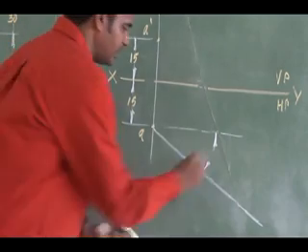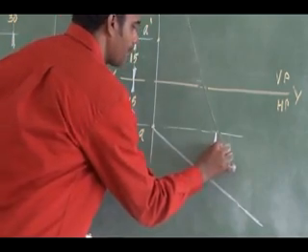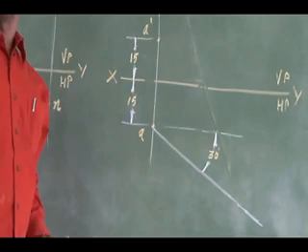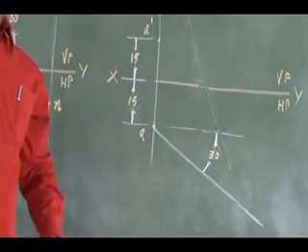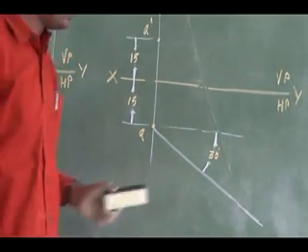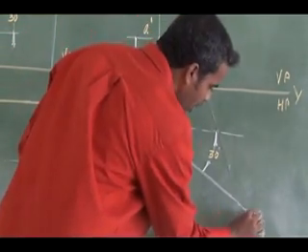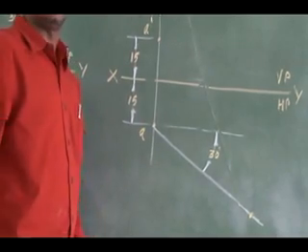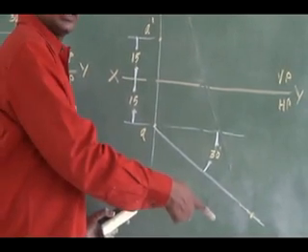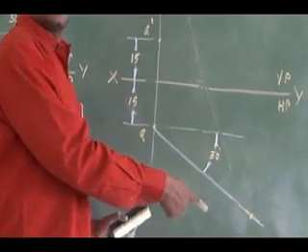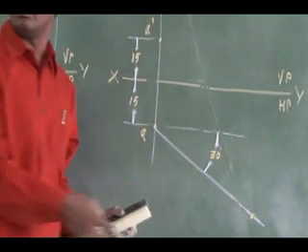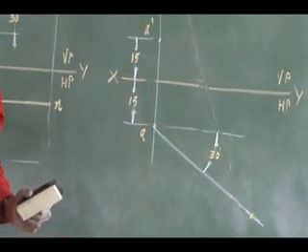To what length do I have to draw it? What is the true length? It is 70, so you have to measure 70 from end to end and mark the other end. What is the notation of the other end? B dash or B?